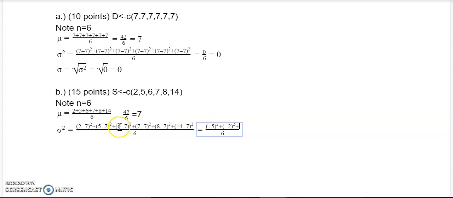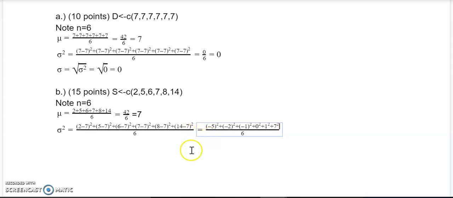Next one will be 6 minus 7, that's going to be minus 1 squared. Next one will be 0, so it'll be 0 squared, 7 minus 7. Then 8 minus 7 will be plus 1 squared. And then 14 minus 7 would be 7, so it'll be plus 7 squared.